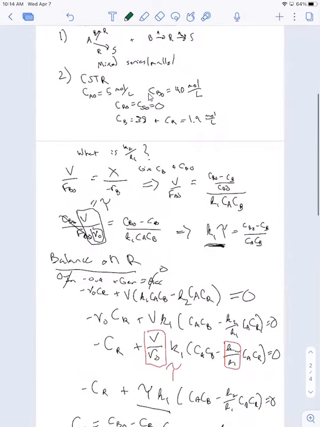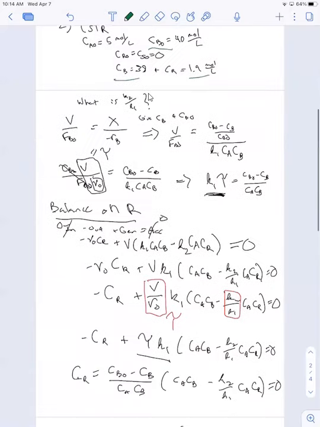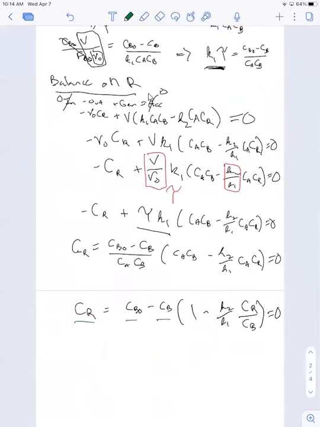We're given CR, CB, and CB naught, so we can calculate this value of K2 over K1. We plug in those numbers, and we'll get K2 over K1 equals 1.